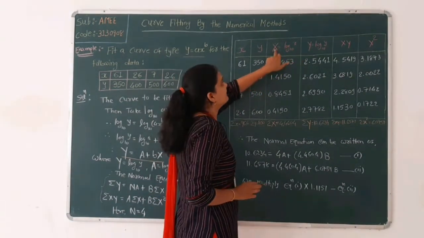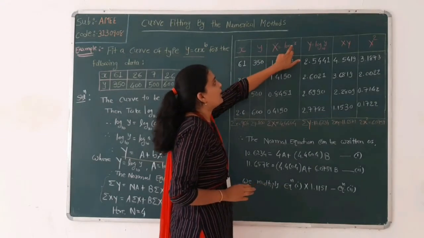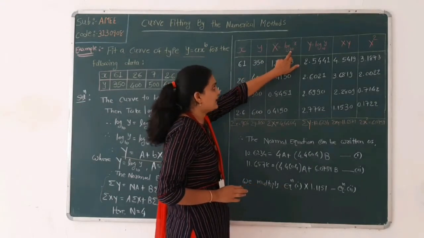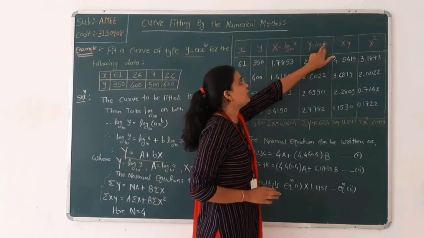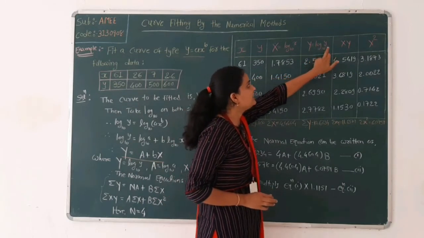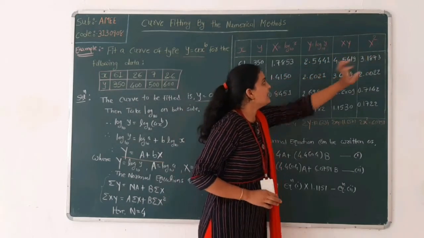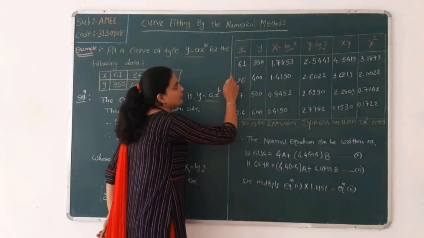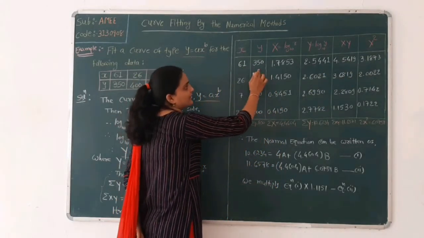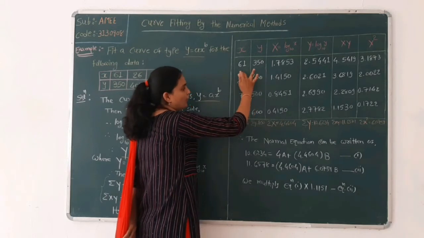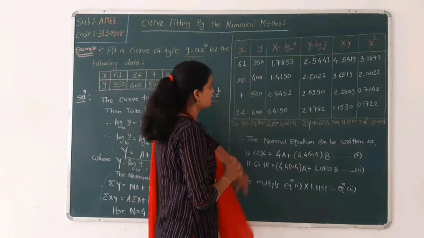So we find capital X equals log small x to the base 10, capital Y equals log small y to the base 10, x into y and x square. So we have a value of x and y given from both the values.